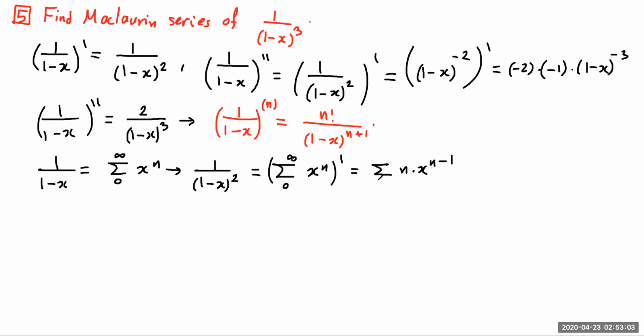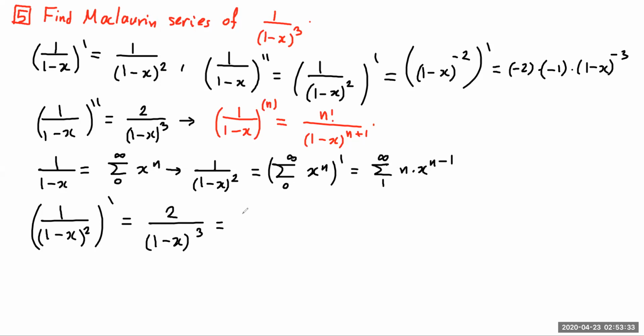So this is from 0 to infinity, and we can write from 1 to infinity, because if I give n = 0, the first term will be 0. Okay, now let's take also the derivative. So the derivative of 1 over (1 minus x)^2, which is 2 over (1 minus x)^3, also equals the derivative of this term. Let's repeat this term, n x^(n-1), derivative from 1 to infinity.